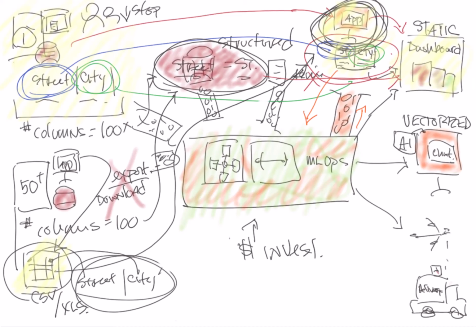Okay, this is the plan that you need to do. You need to invest, but then when you do it, your data becomes vectorized and you open up a whole new world here for all of these type of activities in addition to these activities. So we really need to kind of move into this green here in the future.